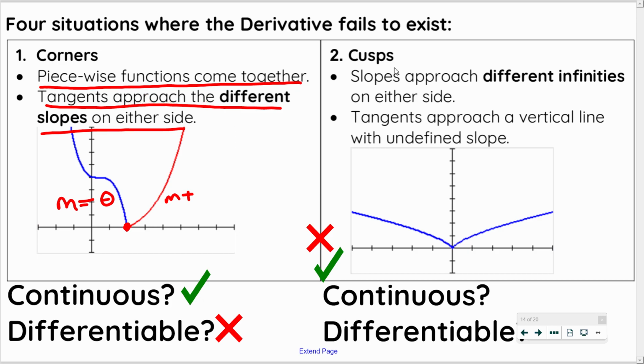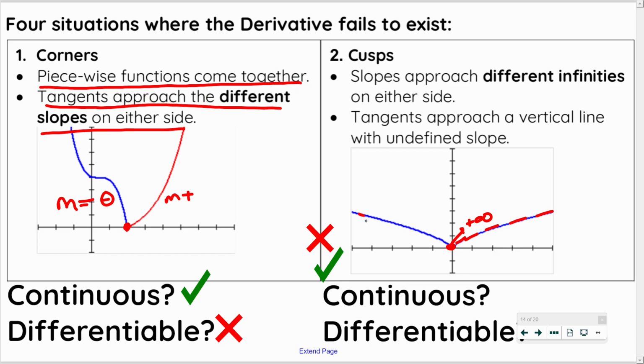Let's look at this one over here, a cusp. So right here is a cusp. The slopes approach different infinities on both sides. It's almost like they come in to be a vertical line with an undefined slope, but from different perspectives. On this side, you can see that all of my slopes are positive. As it comes in, it's going to come into a positive vertical tangent. All of these slopes are going to approach positive infinity on this side.